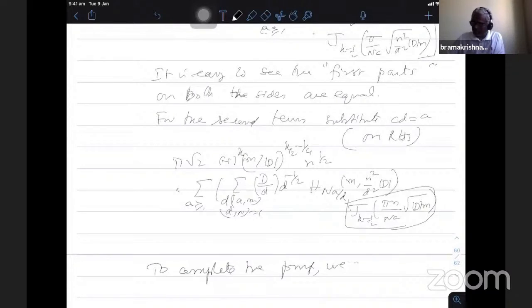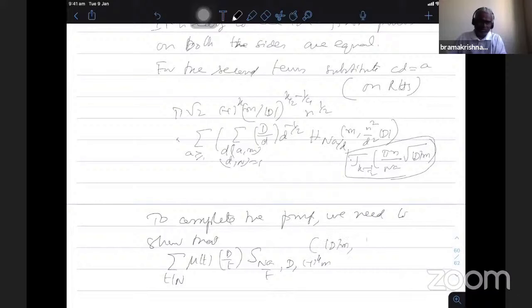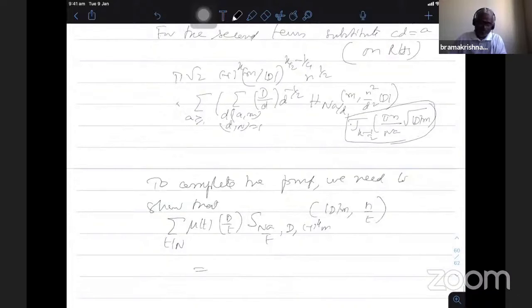we need to show that summation t dividing n, u of t, d by t, s na by t, b minus 1 power k m of mod dm n by t is nothing but summation d dividing a comma n, d comma n is 1, d by d n a by d power half, h n a by d of m n square by d square mod d.